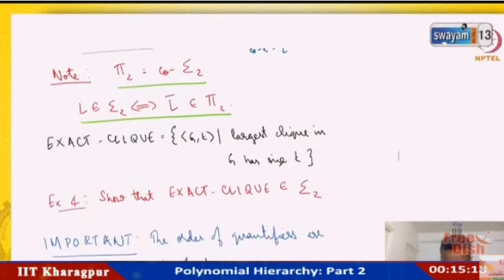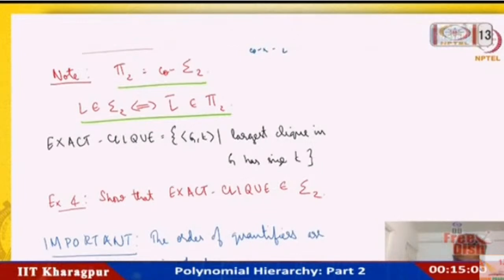Another language is exact clique. Remember, clique was that it's a graph G and a number k such that G has a k-size clique. Exact clique is different in that G has a k-size clique, and that is the largest clique.